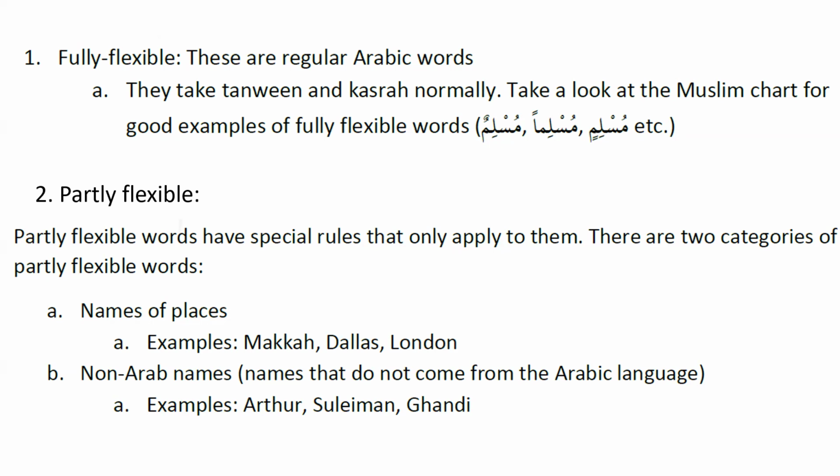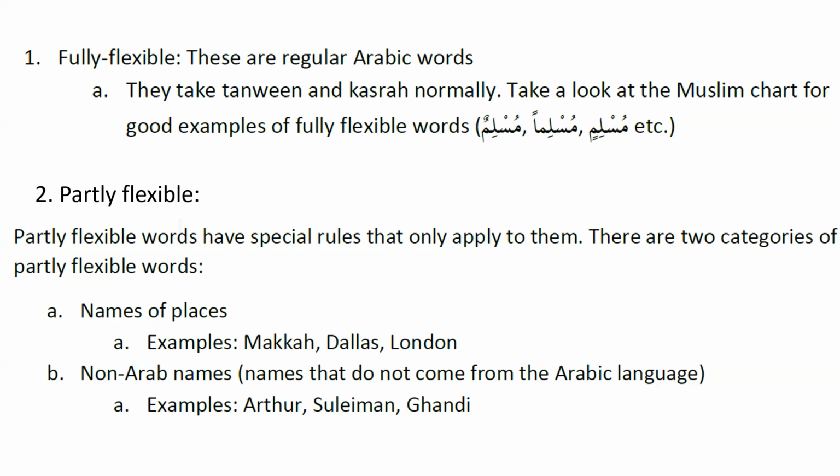Normally, if it were a fully flexible word, according to our chart, it would have been U for Rafa, A for Nasab, E for Jar. But because partly flexible cannot take the E sound, meaning Kasra sound, that's why Nasab and Jar are the same. So U is Rafa, and Nasab and Jar both are A.